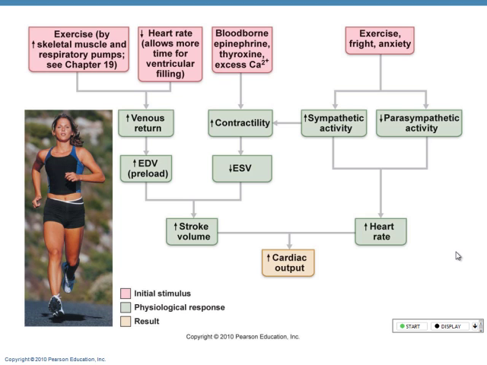Stroke volume is regulated by, and this begins on page 684 in your textbook, the degree of stretchability of your heart muscle. So when they talk about preload, the degree of stretch of heart muscle, they talk about something called Frank Starling's law of the heart. Don't worry about that.